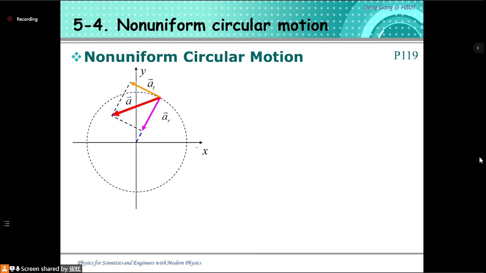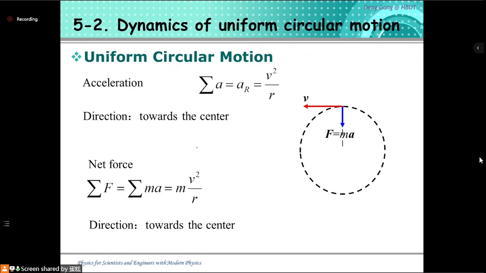Based on the uniform circular motion, there is acceleration in this direction, but the speed in the tangential direction will not change. So that's uniform circular motion.